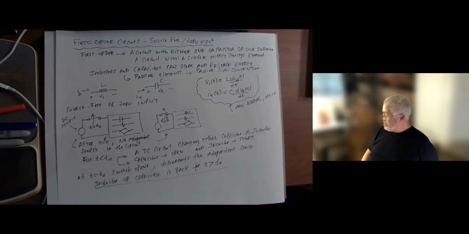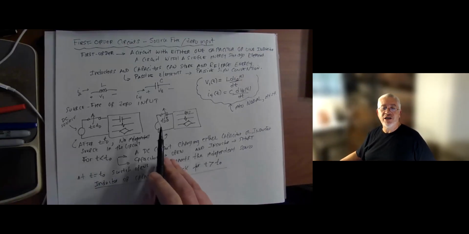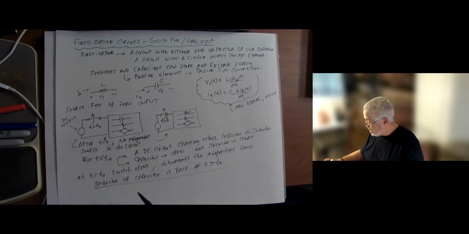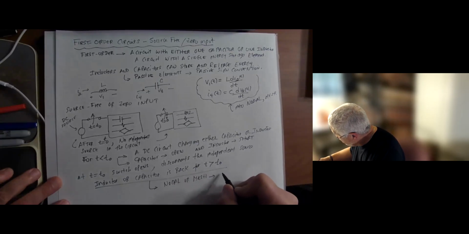So when the switch opens, it forces a change in the circuit. You get a circuit that is source free, but the capacitor and inductor, the energy storage element, is back, and we have to use nodal or mesh to get our first order differential equation.